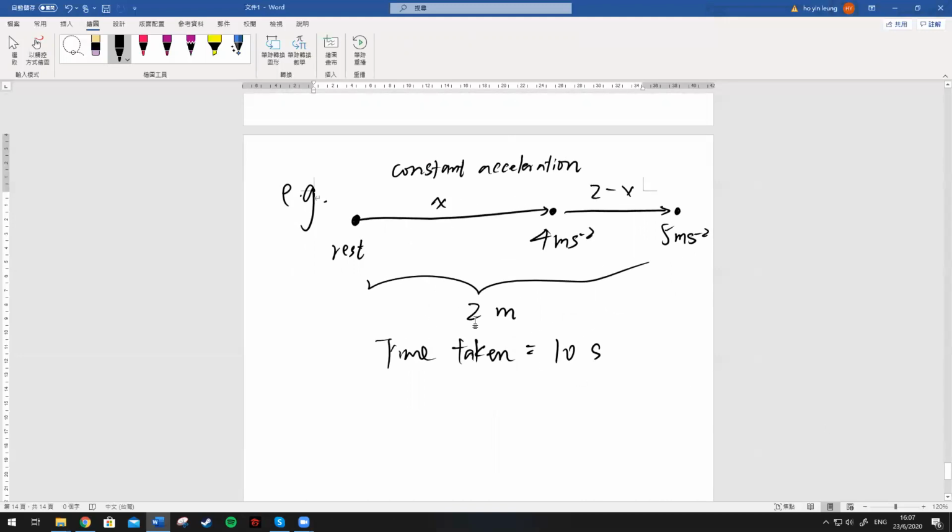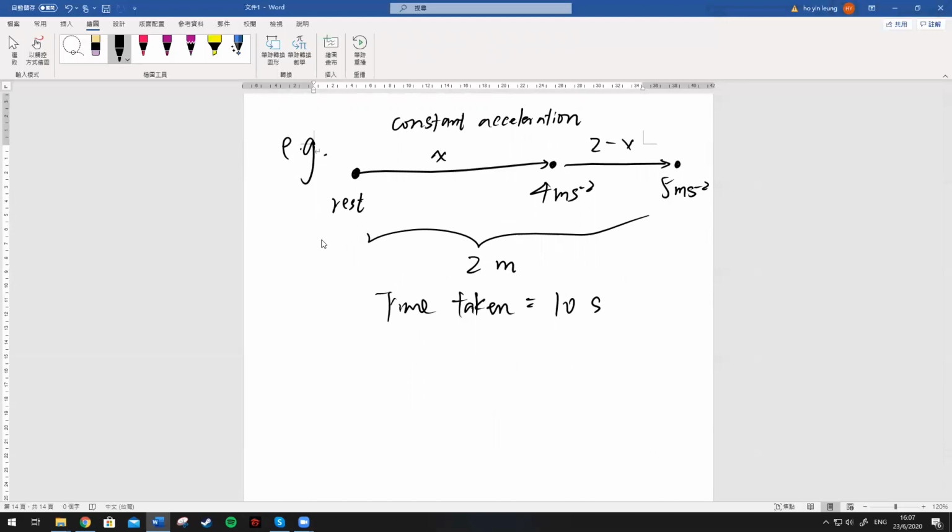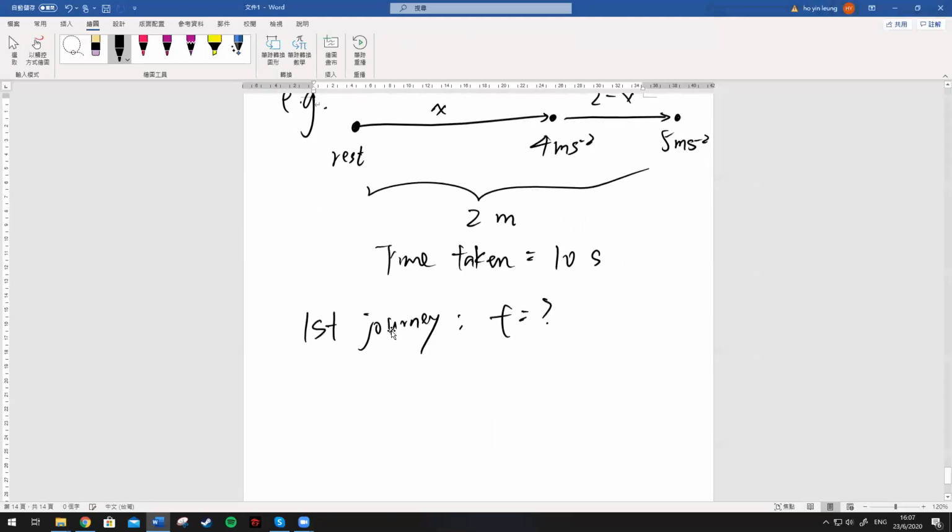So this x here is the displacement, right? For the first journey, t is what we want, s is x, u is 0, v is 4. We can express this time in terms of x.